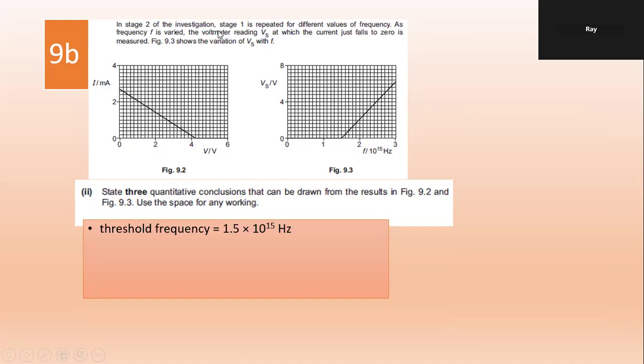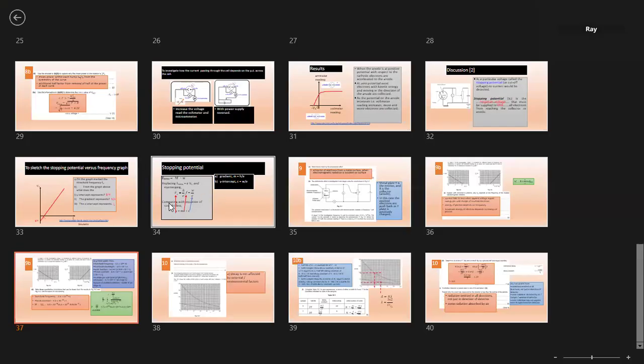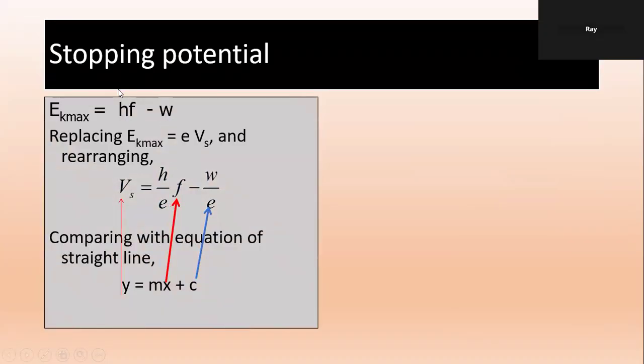Right, threshold frequency. Read here. f naught. Planck constant. You can get it from here. Right, where we refer to. Right, this is Einstein's equation. Right, we replace this one with eVs and divide by e. That's why we get the equation.